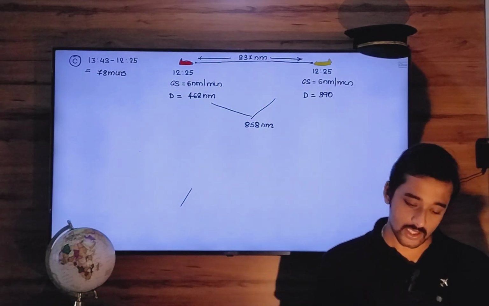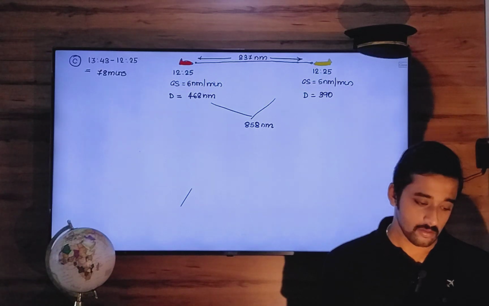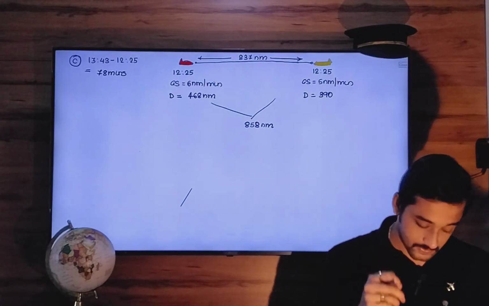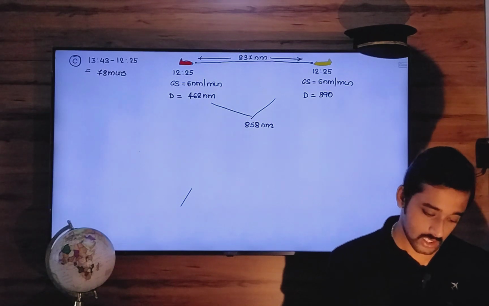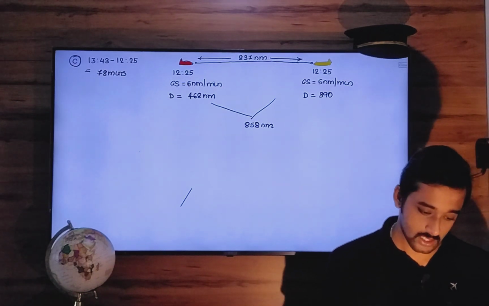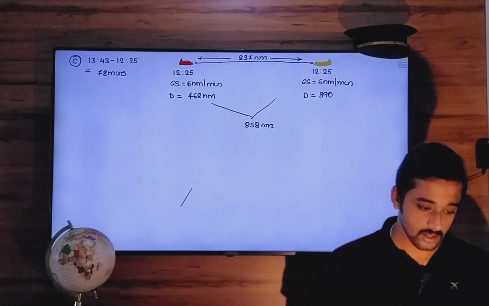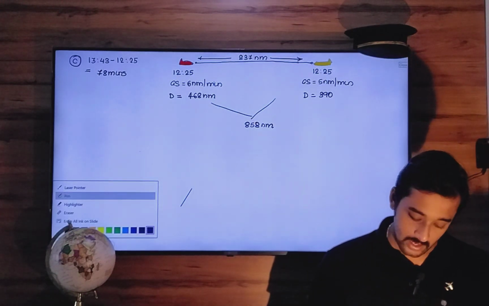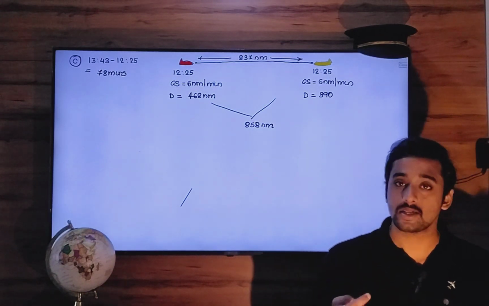468 plus 390, 858 nautical miles. So that means these two aircraft will have passed each other.